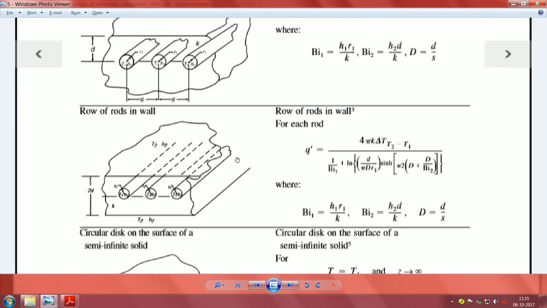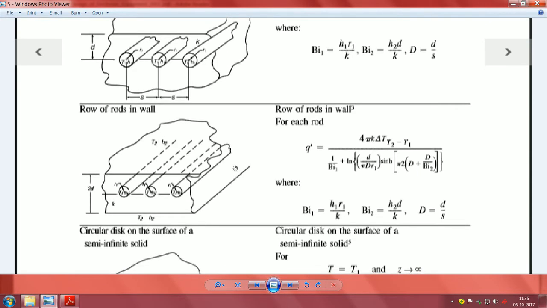So, best example I can give you in your common experiences, I do not know if I have told you already, saying where does such a thing occur.